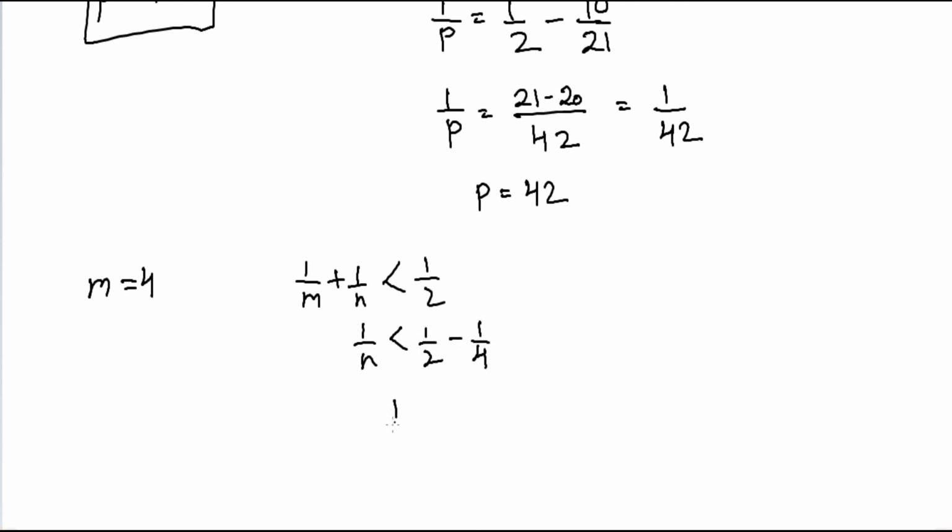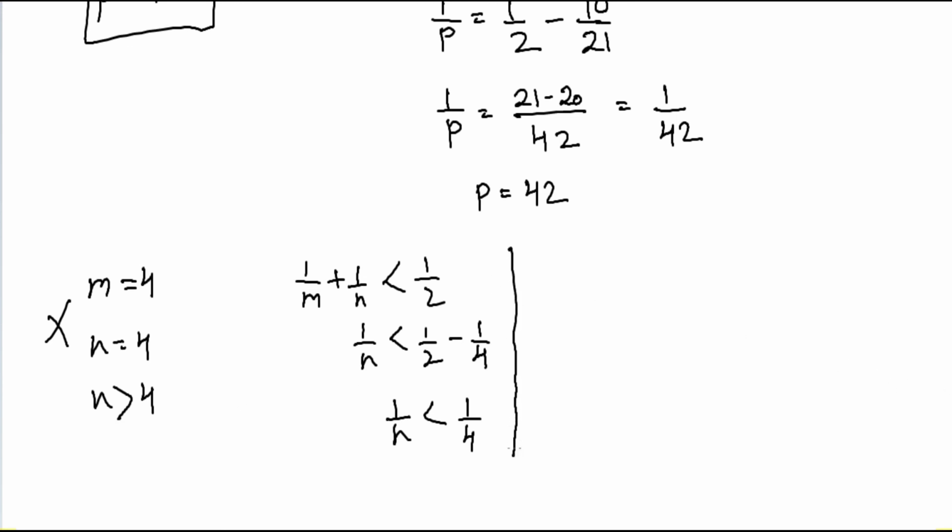So it will be 1 by n should be lesser than 1 by 4. So if we take this as 4, we cannot take both m and n as 4, right? Then it should be wrong, because n can be more than 4, right, in this scenario, and that's not satisfying it.